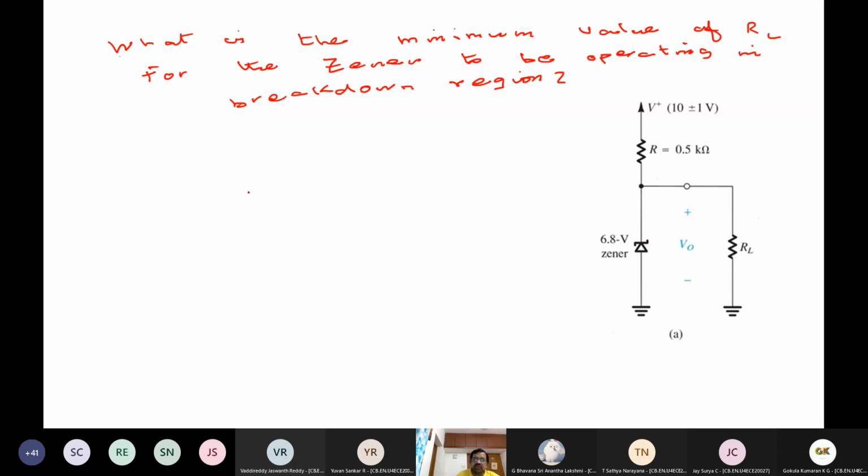Okay, so what is given? We have been given ICK equal to 0.2 milliampere. What does that ICK signify? This is the zener knee current.